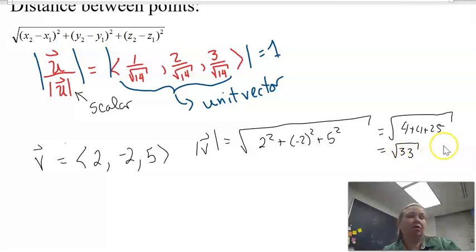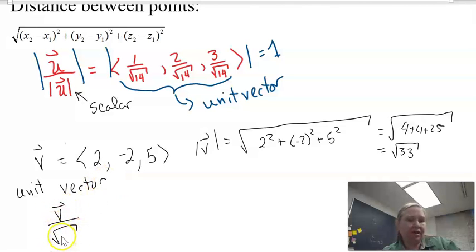Square root of 33. To get a unit vector, I'm going to take v and I'm going to divide it by its length. And that means I'm going to divide each of those components by that length.